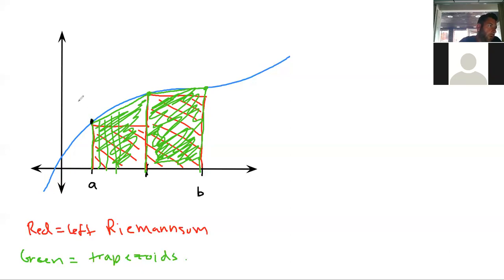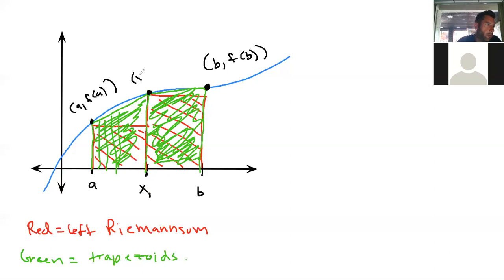So this is the point A, comma, f of A. This is the point B, comma, f of B. And let's just call this guy, for lack of a better name, x sub 1.